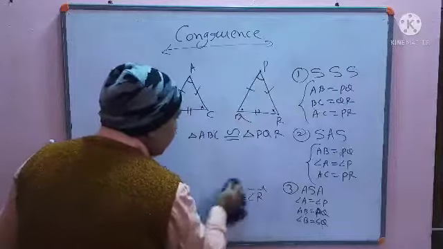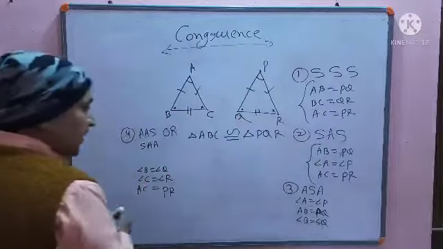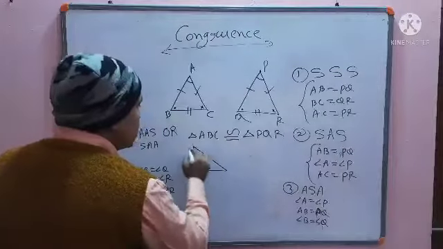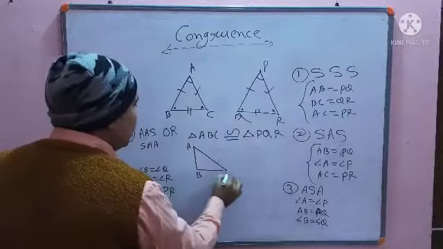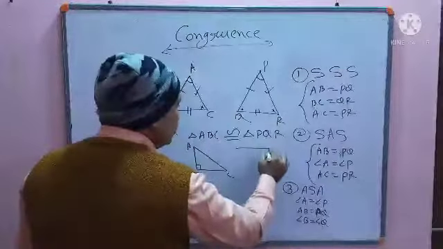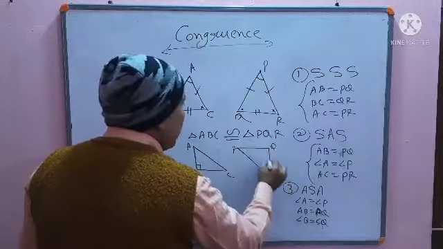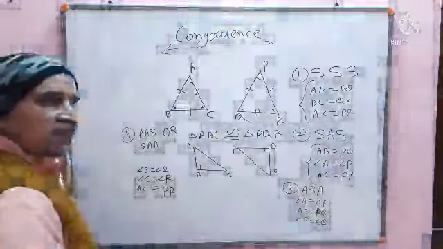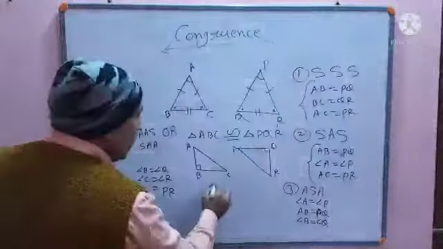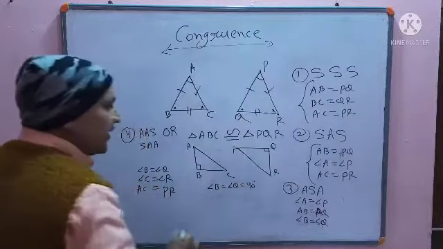Now suppose that the triangles are right angled. Suppose triangle ABC is right angled at B, and here triangle PQR is right angled at Q. In this situation, angle B is equal to angle Q is equal to 90 degrees.